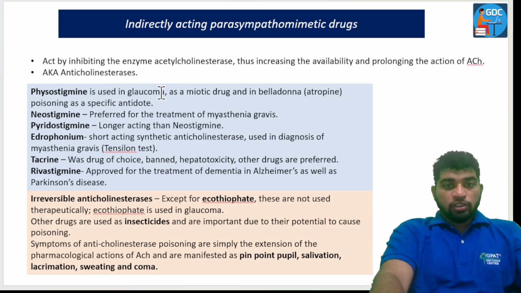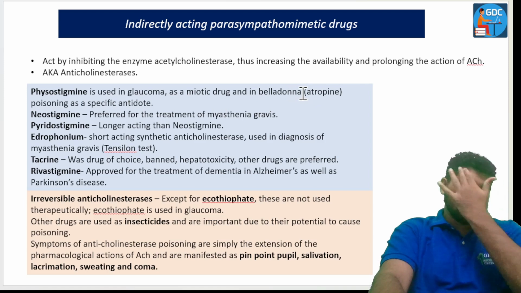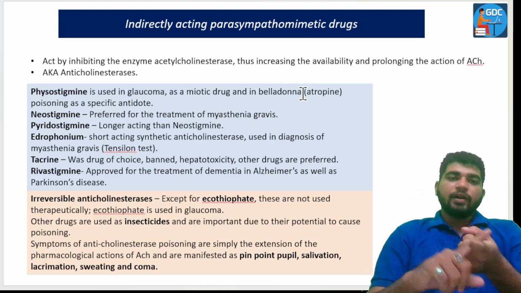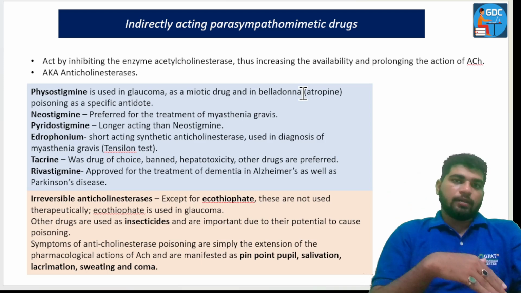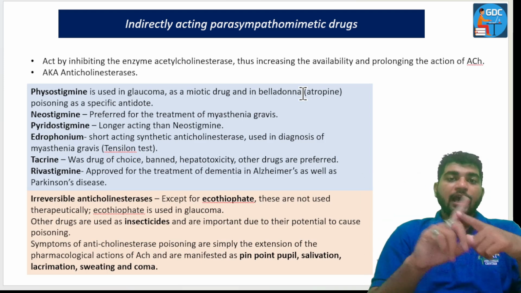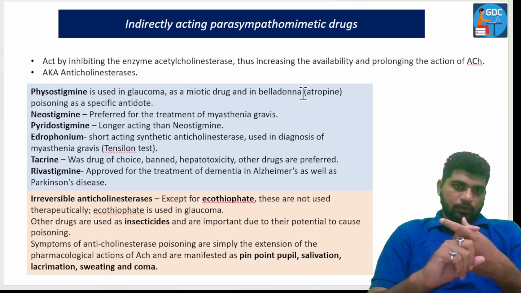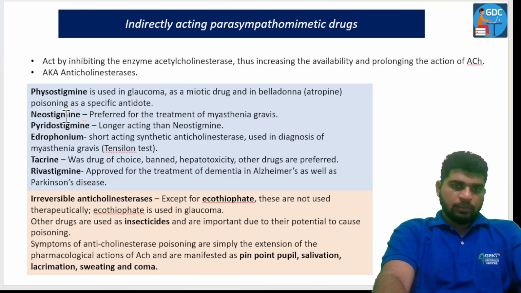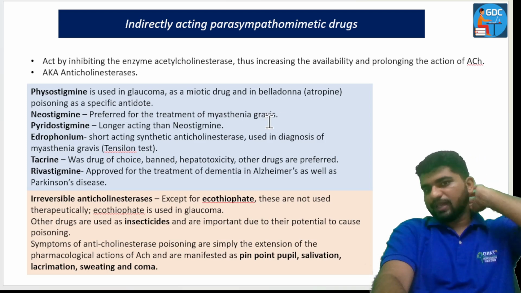Also, it is a specific antidote for atropine or belladonna poisoning, and it is reversible. If we have poisoning of physostigmine, you will take atropine as a specific antidote. The next one is neostigmine. Neostigmine is a water soluble reversible drug, preferred for the treatment of myasthenia gravis.